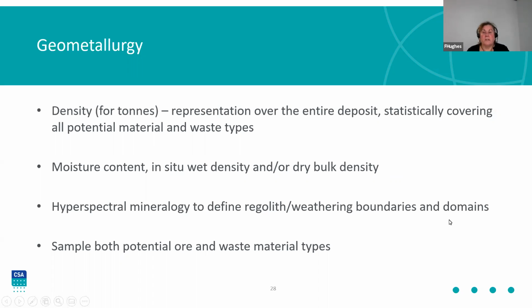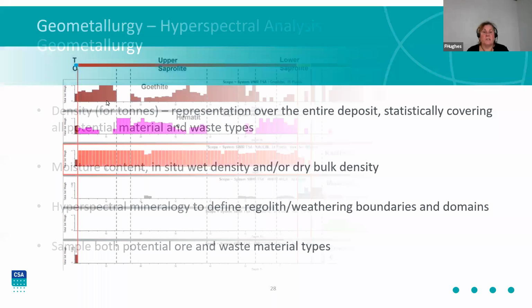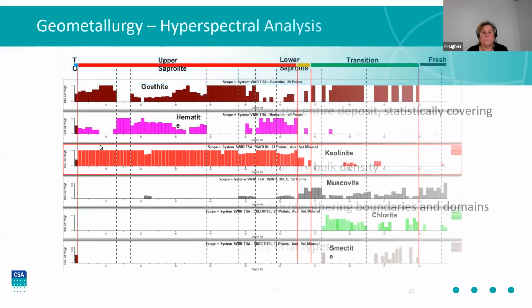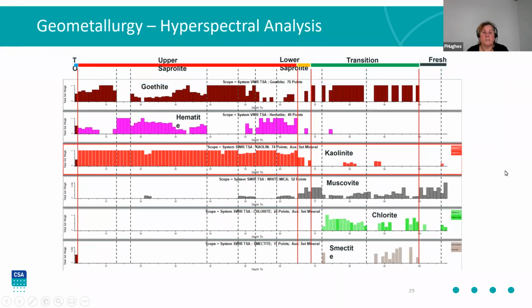Now, hyperspectral mineralogy is another big tool of geomet sampling, and it's used to define regolith and weathering boundaries. And this is an example of one where this worked very successfully to define an upper oxide zone, a lower saprolite zone, a transition and a fresh zone.